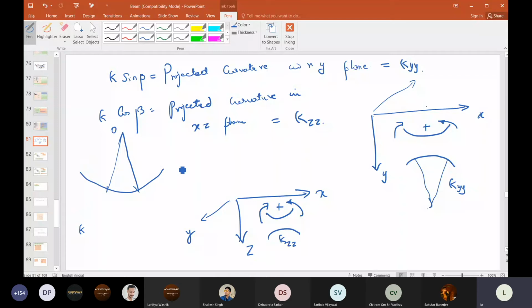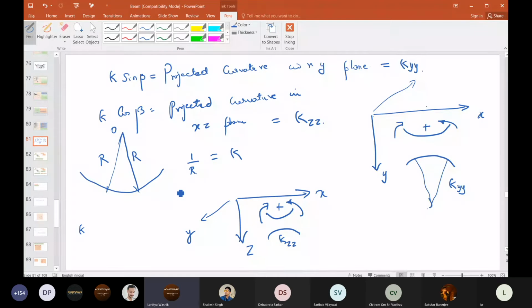Let's say it's a circular arc of a circle, then you draw the radius vector, they will go and join. Now this we call as radius of curvature. Is it agreed? Yes, sir. Now the 1 by r is there. This is radius of curvature, and this is known as curvature actually.